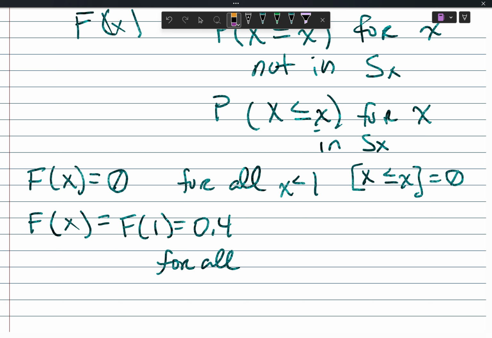And this is for all x, and this is a little bit different. This is for all x between 1 and 2, because X less than or equal to x is equal to X less than or equal to 1.